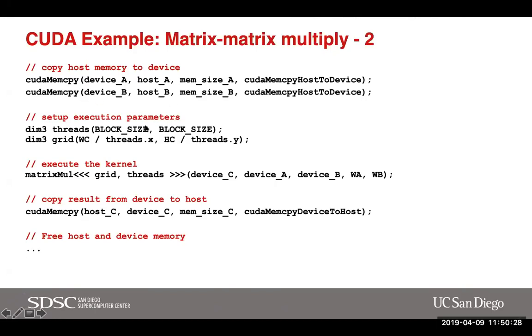You set your execution parameters, meaning the number of threads and the number of blocks in the grid, and then you call your kernel, in this case a matrix multiplication kernel. Now the output data sitting on the device, the resulting matrix C, is the product of A times B. And then when you're done, you copy that result matrix back from the device to the host, and you free your memory and you're done.